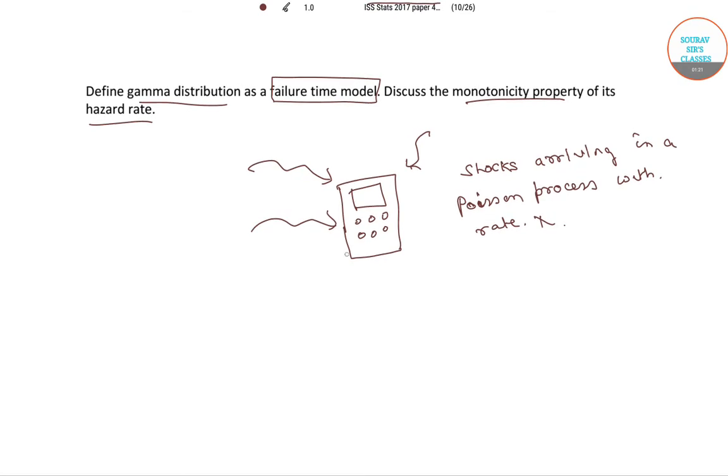Now suppose this device fails if and only if it receives k shocks.